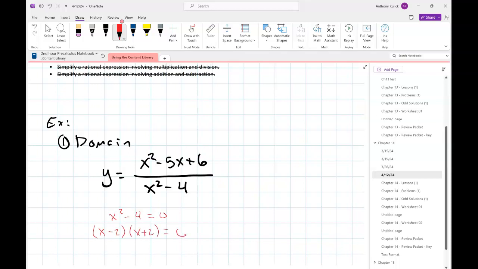Okay, so the two solutions here are 2 and -2. Okay, is that it? No.